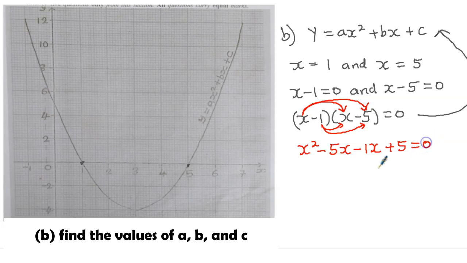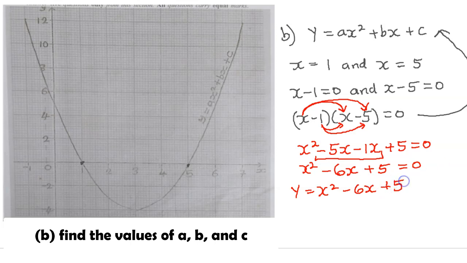This equals 0. Then you combine the like terms. The middle is always the like term, so you get negative 6x plus 5 equals 0.